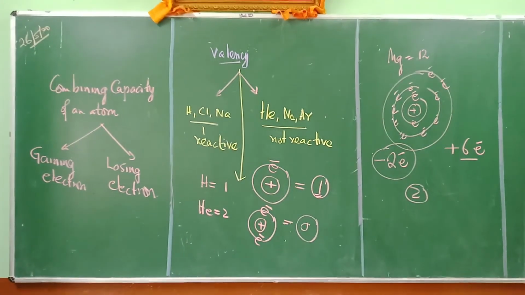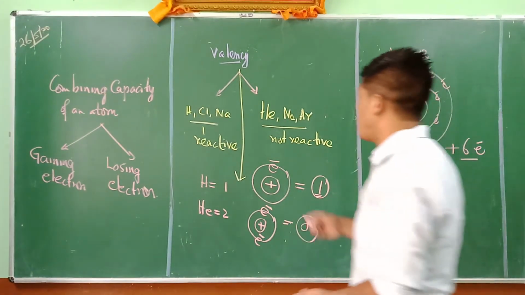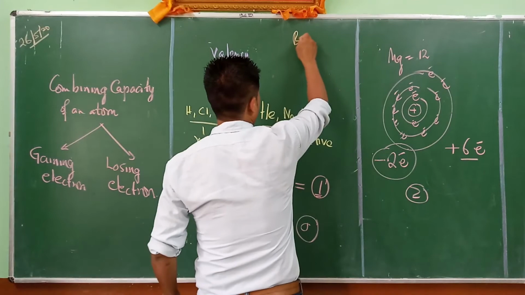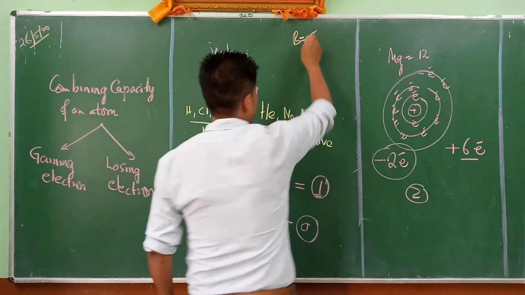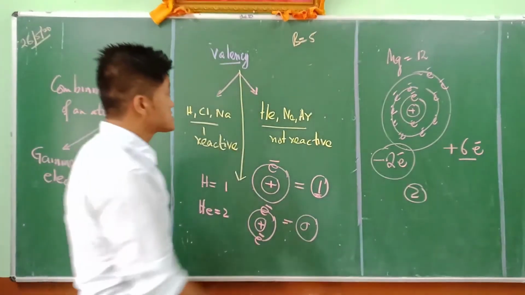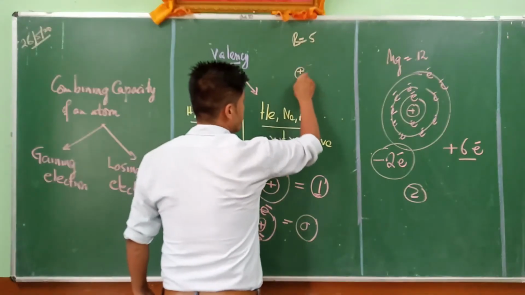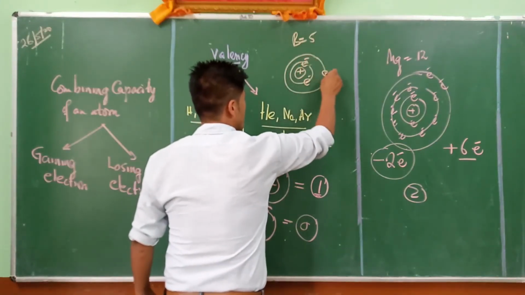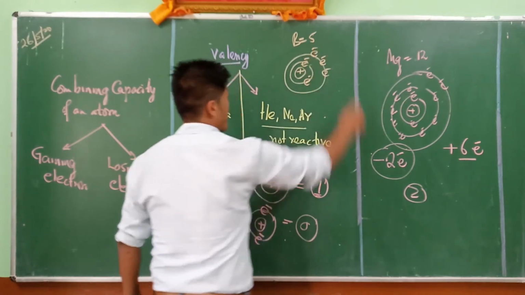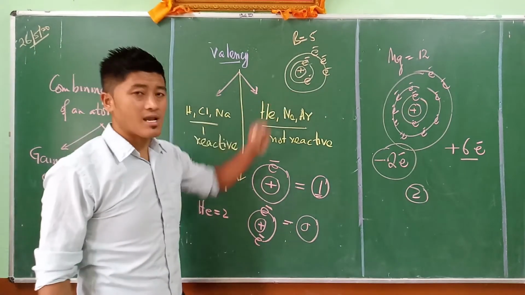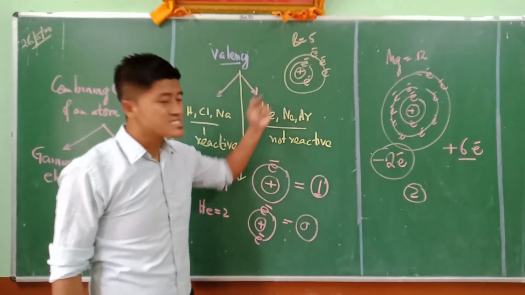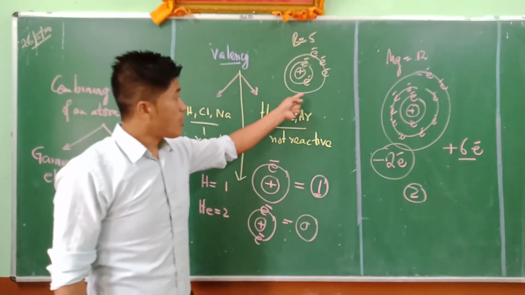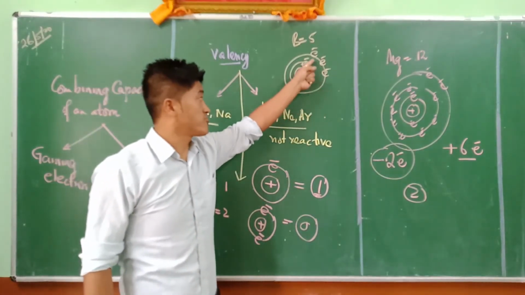Is that clear? Now let us take the example of boron, atomic number 5. In the case of boron: 1, 2, 3, 4 and 5. Now in the second shell, there is a space for 8 electrons, but how many electrons can you see here? 3.